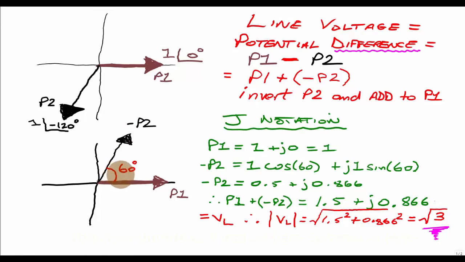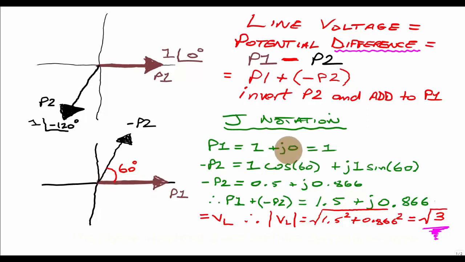So we need to turn to j notation. In j notation, we have the real values along the horizontal, and the j terms along the vertical. We can analyze phase 1, and say phase 1 has a magnitude of 1 in the real direction. And indeed it does. Here it is, it's got a magnitude of 1.